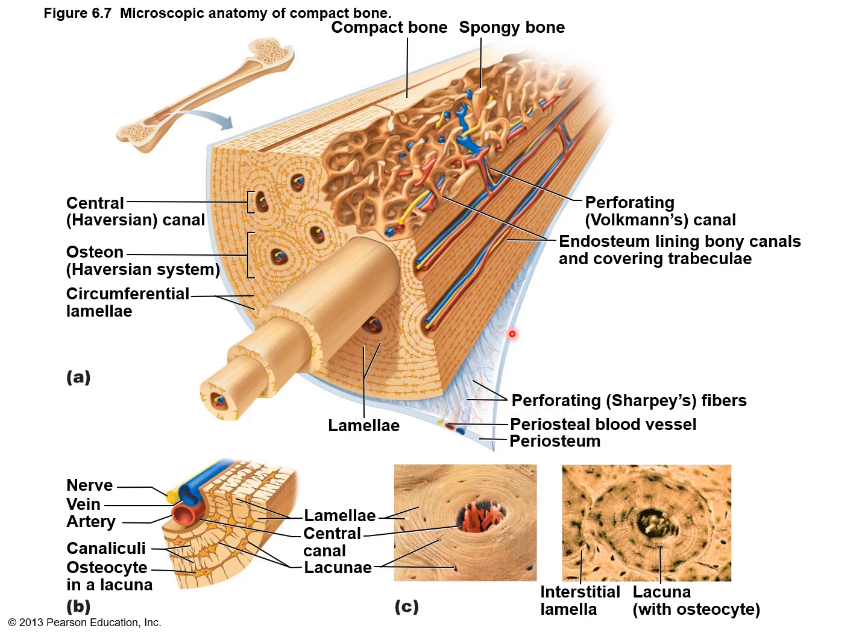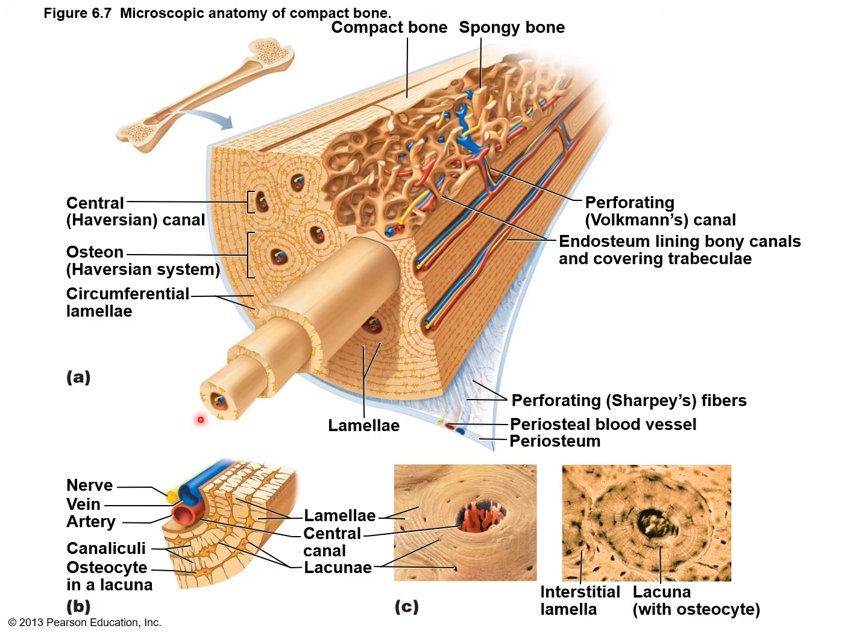So here is the periosteum right here. You can see that the blood vessels are going to be passing through the periosteum, and they are going to make their way into the compact bone and eventually into the spongy bone. Because the bone matrix of the compact bone is very tough, the compact bone has those longitudinal canals. We call them central canals.